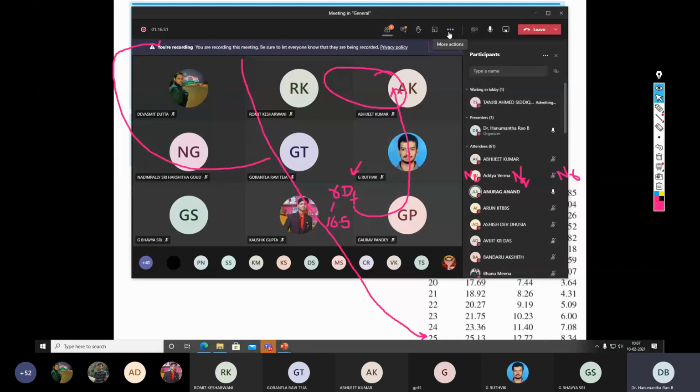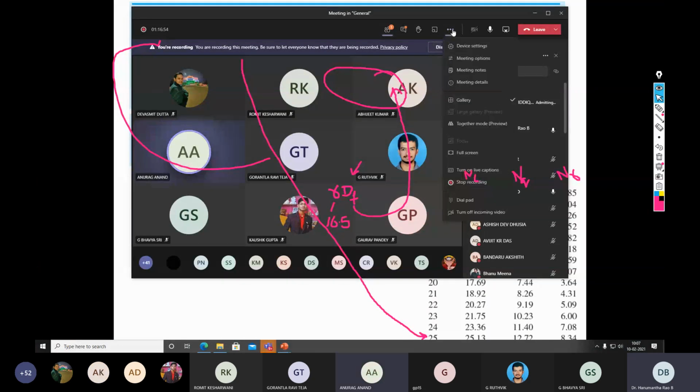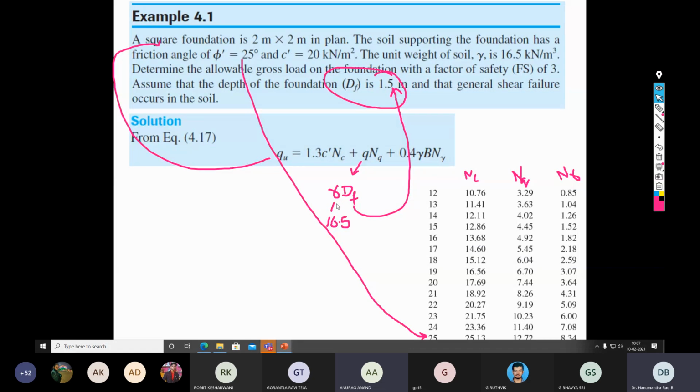Sir, there was a formula for Nc of square footing only. No, you forget all those things. There are a variety of equations available for Nc, Nq, and N gamma. You simply follow this table, because these values were calculated based on those equations only. Sir, but it is differing a lot.